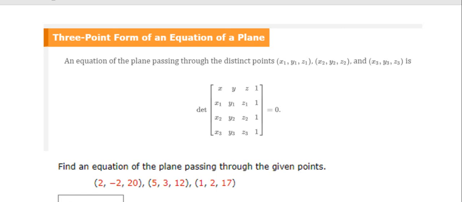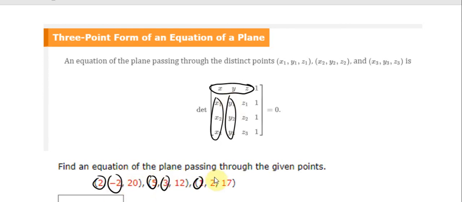Notice how for that first row, x, y, and z are arbitrary, and then below that we put the values that are given. So here we have the x values, and then the y values, and then the z values, right? And so we set that equal to 0 and solve.